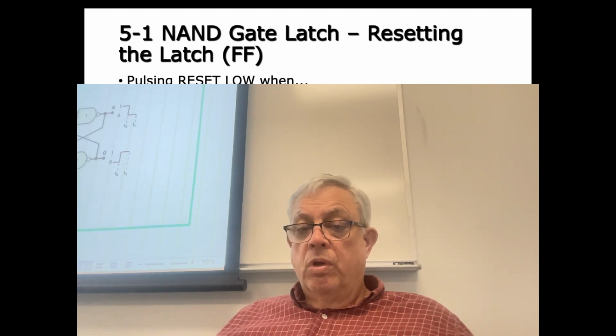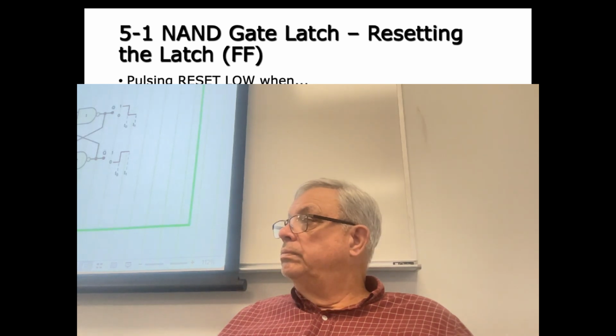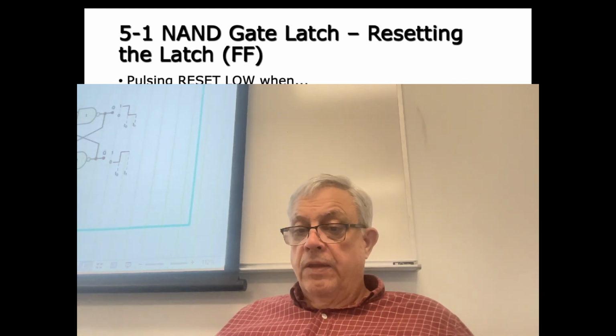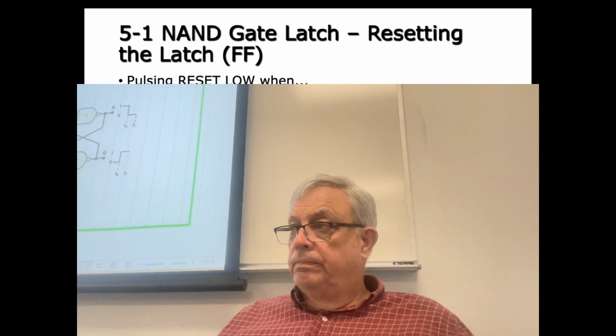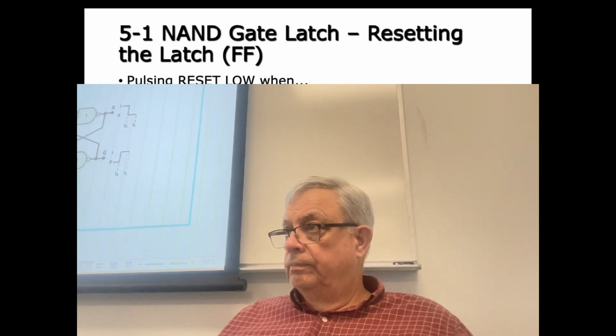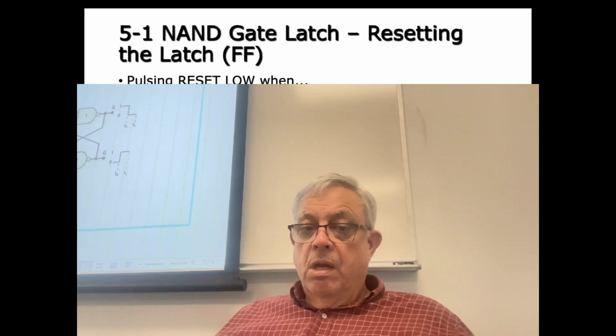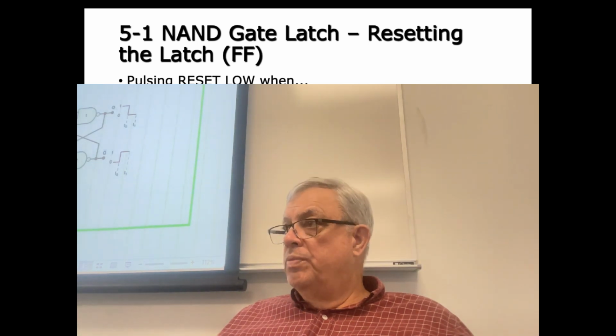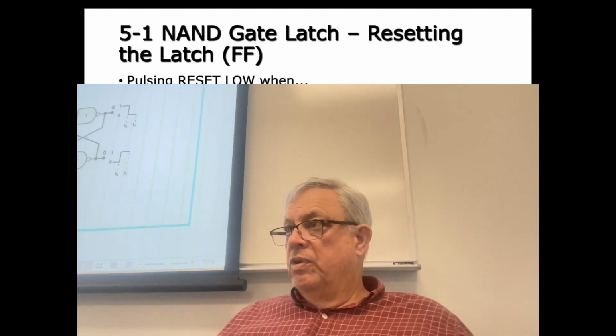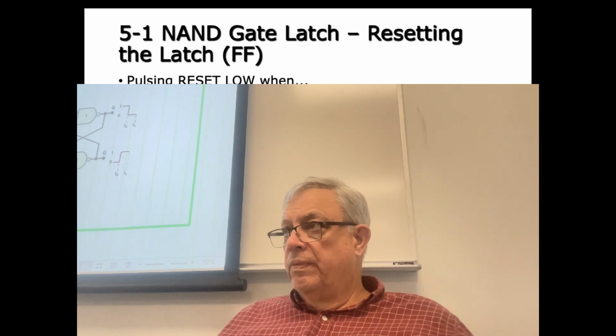The 1 here, 1, 1, that forces Q to a 0. And that's the latch. So the set and reset cannot be 0. Say that again? Set and reset cannot both be 0. That's correct. They must both be at 1, or one of them can go to 0 and the other stays at 1.